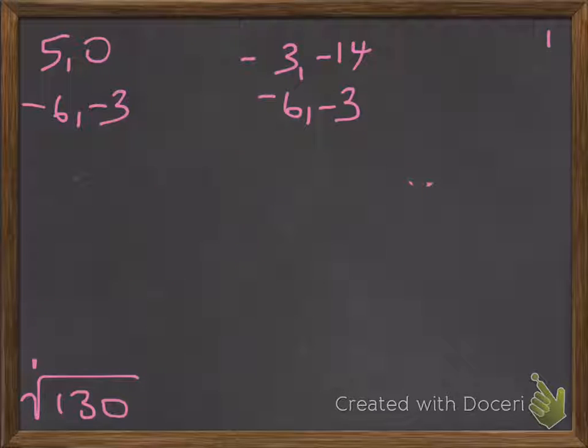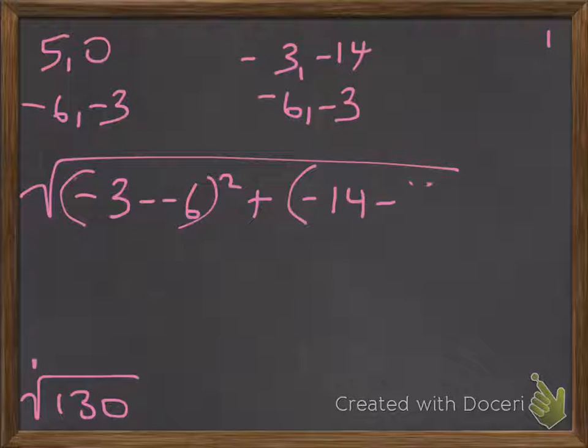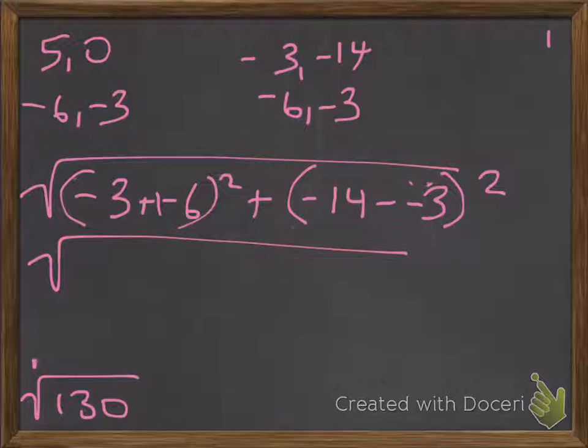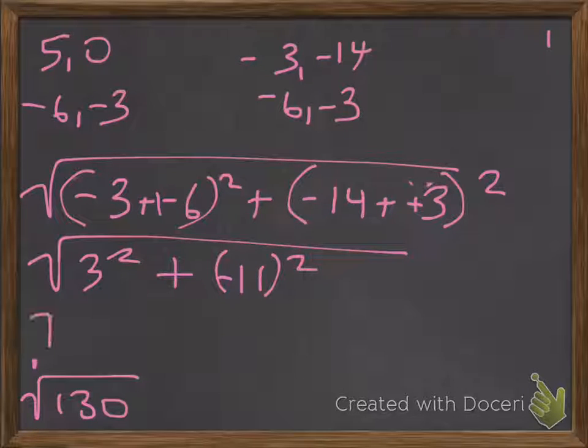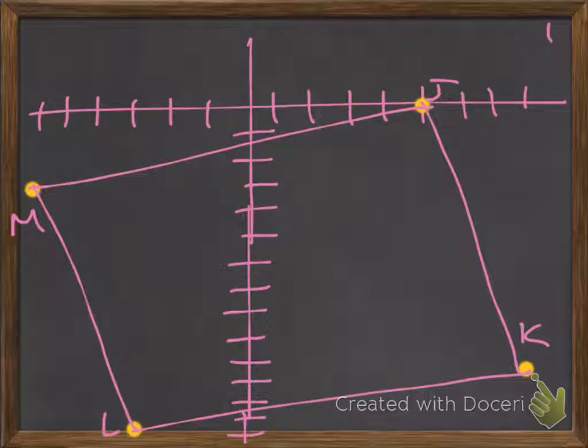Let's try that again for the second pair. And we get square root of 130 as well. So we can first say that since JM and LM are congruent, that it's a rhombus.